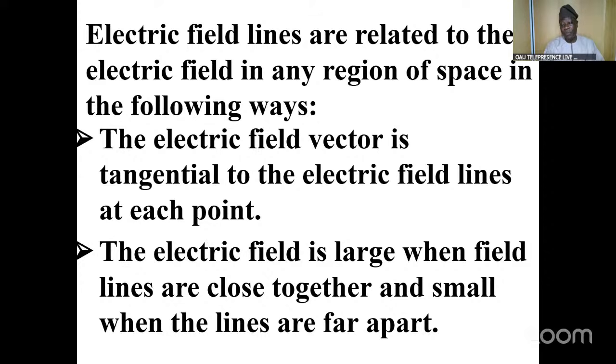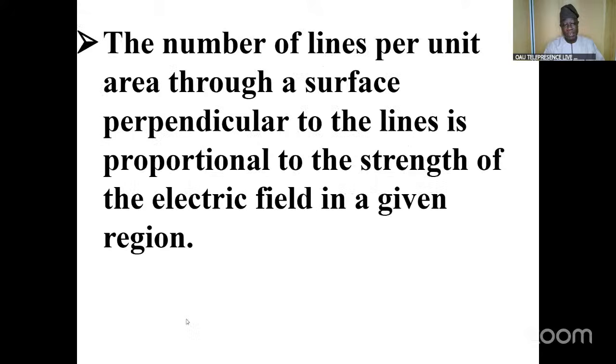For those of you who want to check the past questions, this is one of the questions we have seen before, but it's easier for any lecturer to turn the questions around. So what you need is to be able to get it right. The next point: the number of lines per unit area through a surface perpendicular to the lines is proportional to the strength of the electric field in a given region.